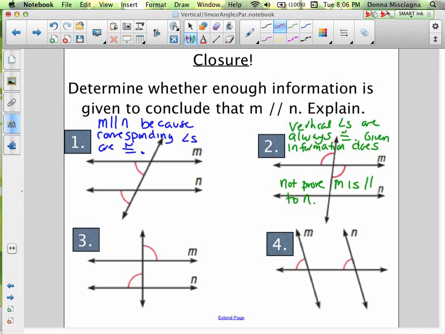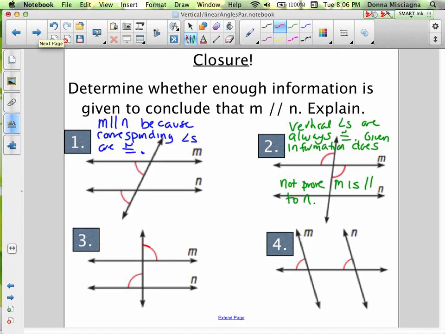Well, let's think. Let's figure out what angles would have to be congruent. So we know that this angle here would have to be congruent, no matter whether the lines are parallel or not.